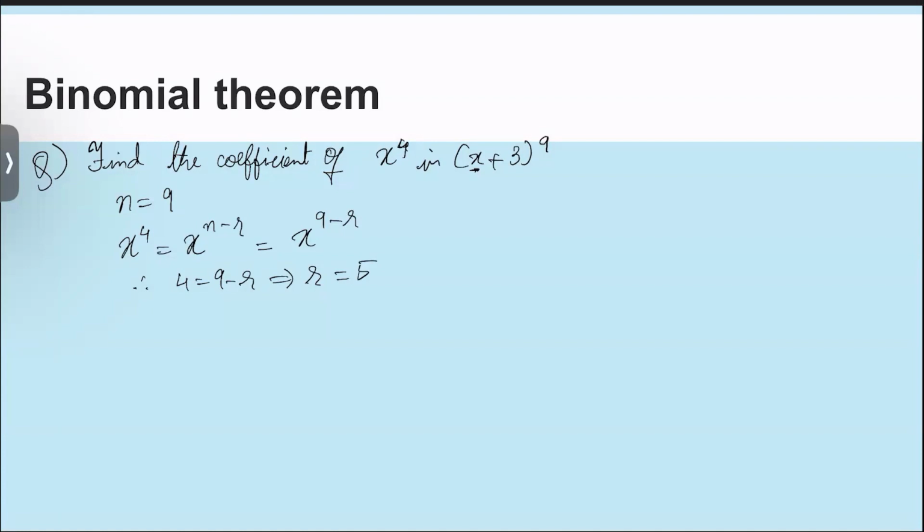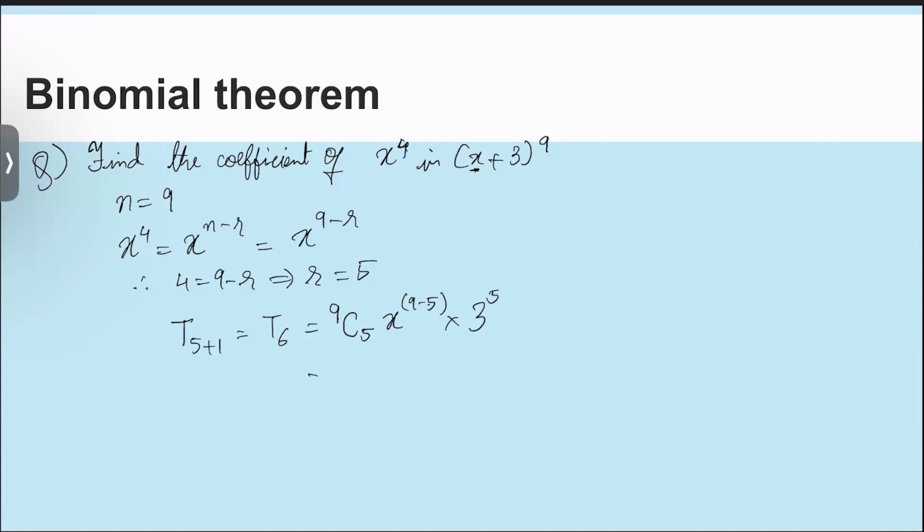So when we have r, the term that we want to find is T(r plus 1). This is actually going to be your T6, and that would be nCr, so your n is 9, C, and your r is 5. Let's write x directly over here. You have x raised to n minus r, so that is 9 minus 5, and in place of b you have 3, which will be raised to your r value, so 3 raised to 5.